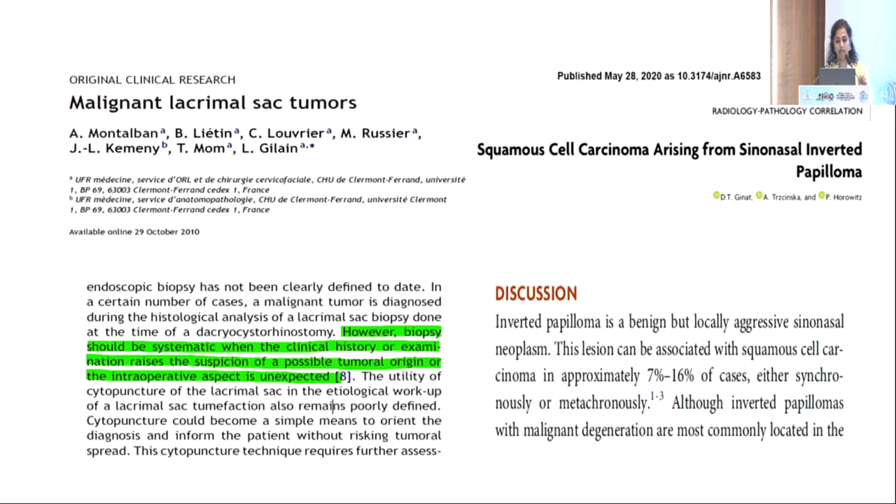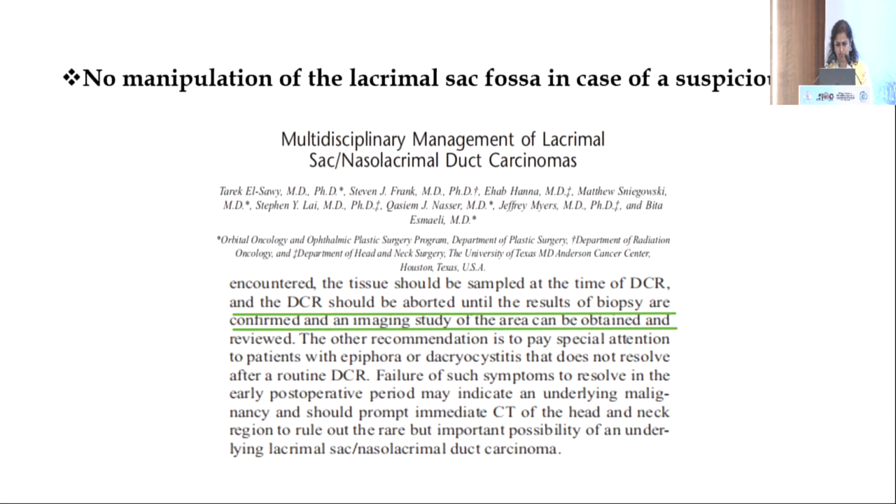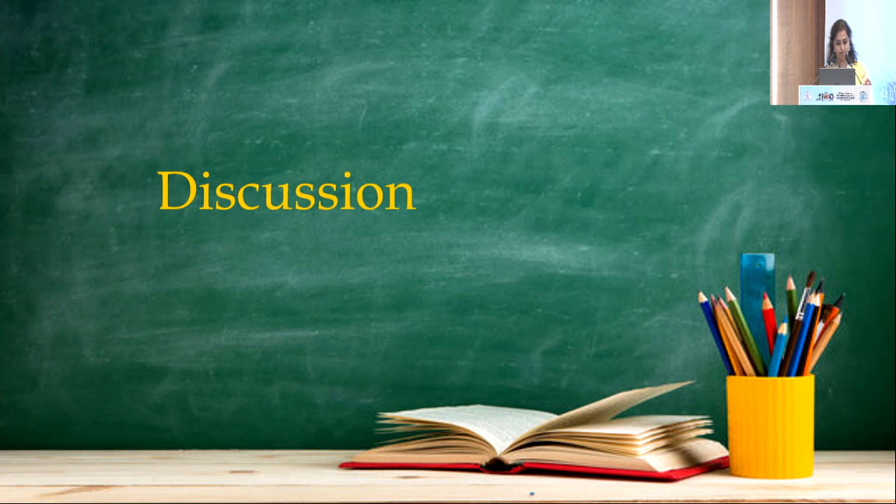Second, in case of an inverted papilloma, which is benign, in 7 to 16% of cases, squamous cell carcinoma can occur either synchronously or metachronously. And the third thing is the lacrimal sac fossa or a DCR ostium should not be created in case of a suspicious sac during your routine DCR, because this will aid in the spread of the tumor. First, get the biopsy specimen analyzed and then decide on the treatment.